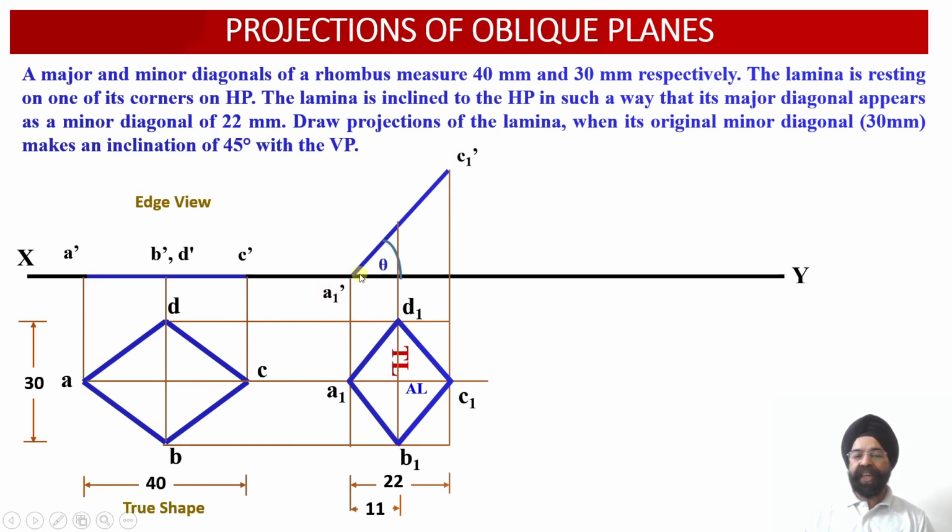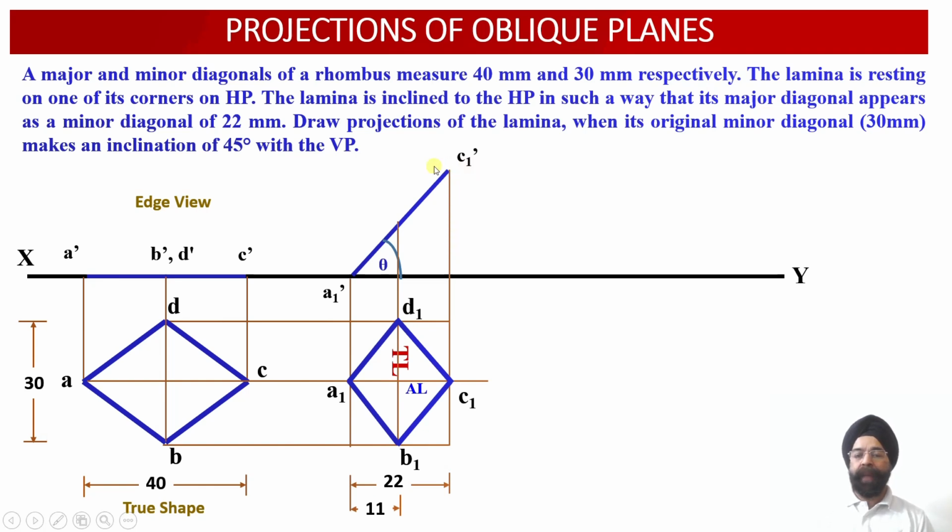So from A1 dash, we have just rotated this true length projection which we had obtained with respect to the major diagonal AC of this particular rhombus. So this true length of the major diagonal A dash C dash has been rotated through an angle theta in such a way that point A1 dash will be lying on the ground corresponding to the vertical projector drawn through the point A1, and C1 dash will be located on the end projector which has been drawn through the point C1 over here.